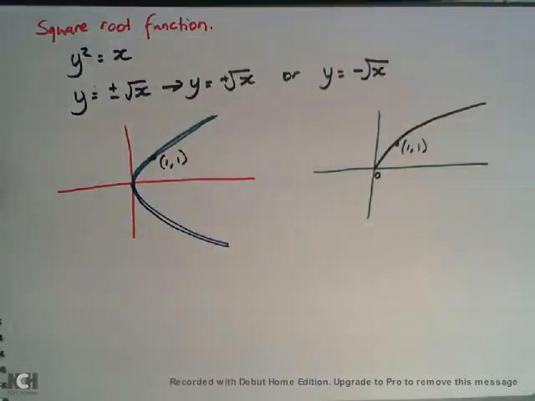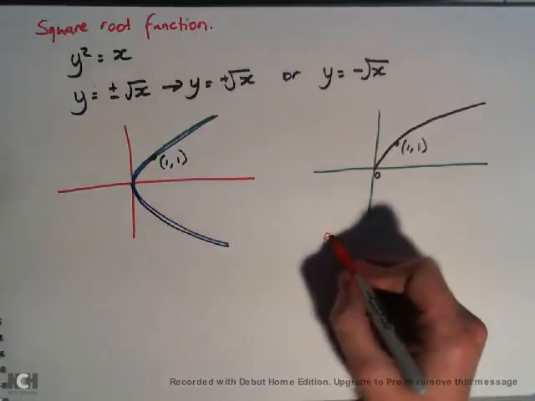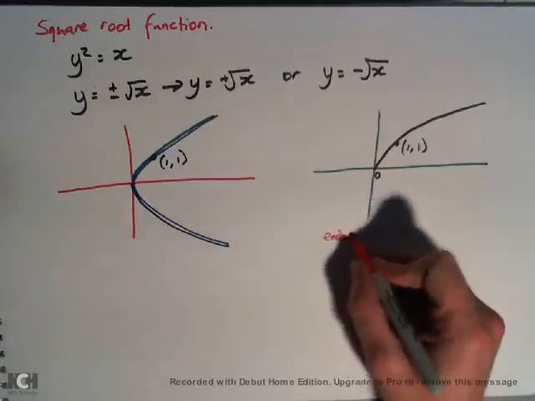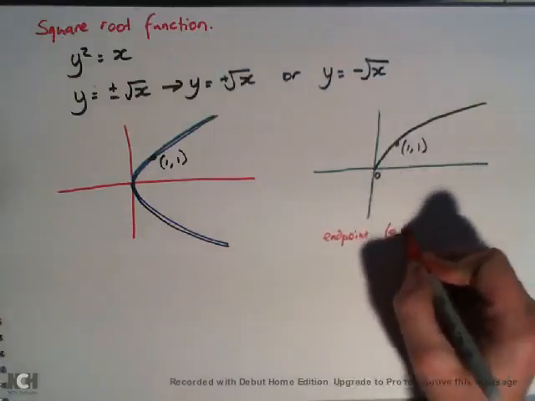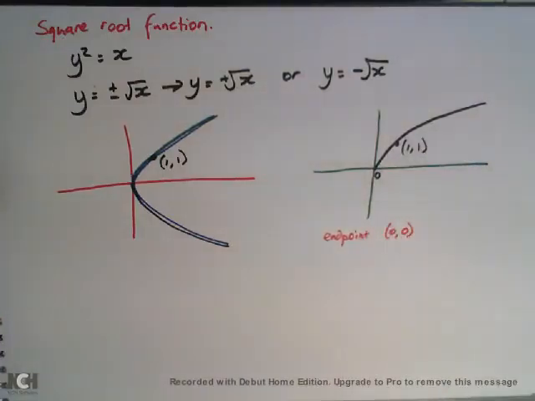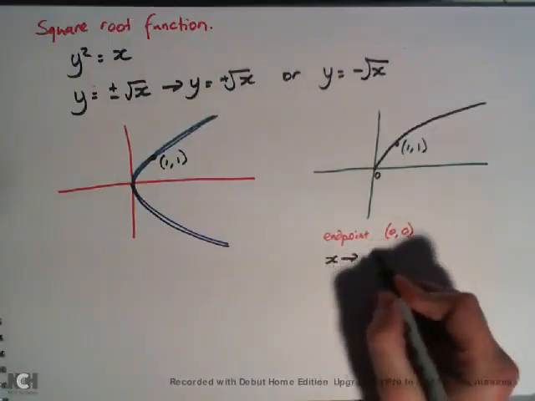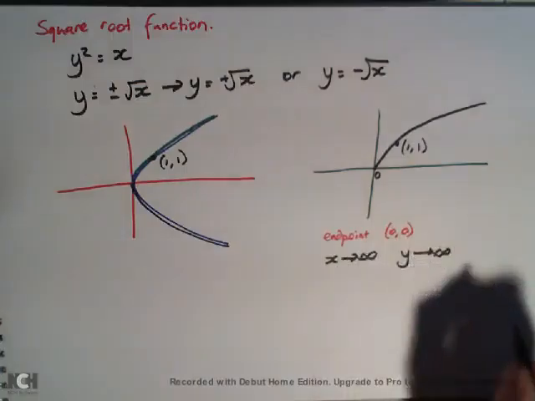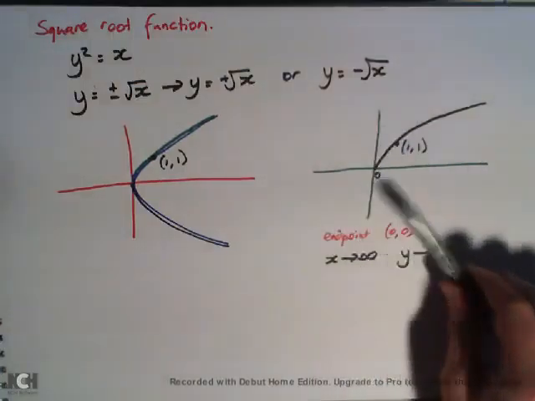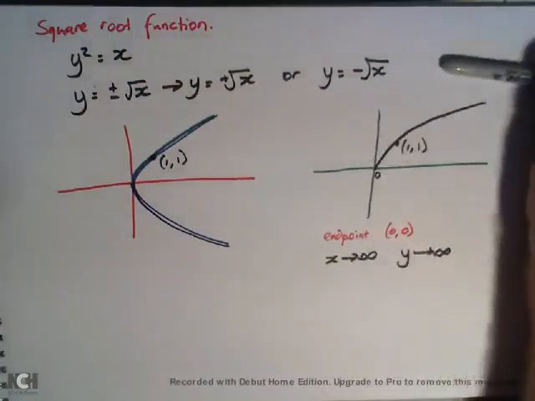Okay, so just some key features of the square root function. We've got an endpoint here at the origin, endpoint at 0, 0. Okay, at the origin. We can also say that as x gets bigger, or x tends to infinity, y also does the same. Okay, so as x gets bigger, so does y.